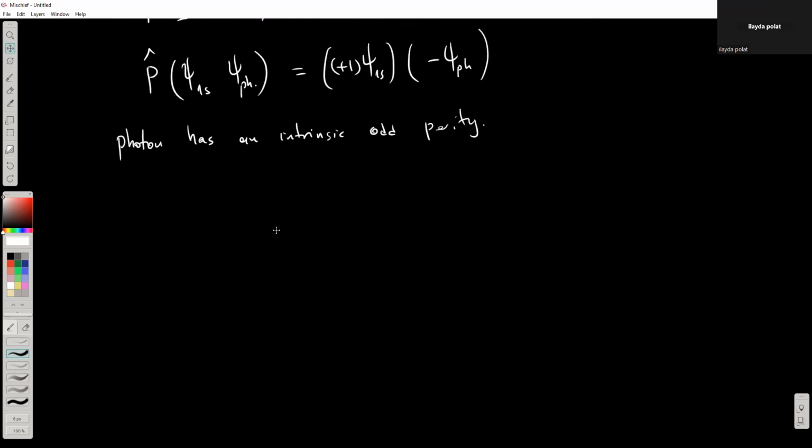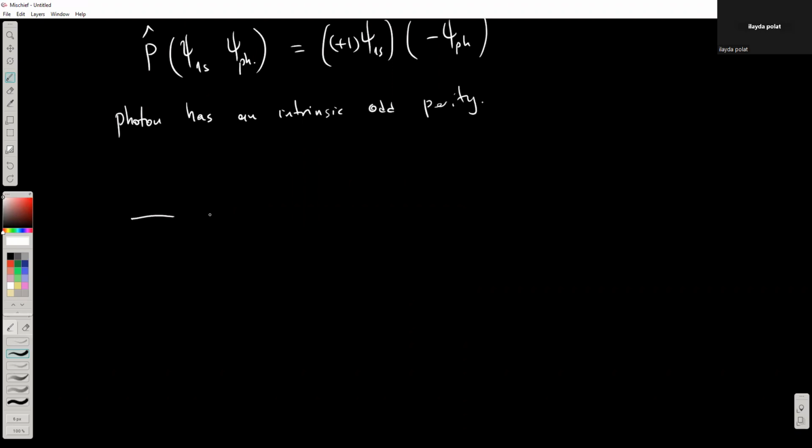Okay. So there is a related discussion in here from the transitions from the level 2s. So in this 2s to 1s transition, both the initial and the final states have even parity. And so as a result, it's not possible that a single photon is emitted, because a photon has odd parity, right?